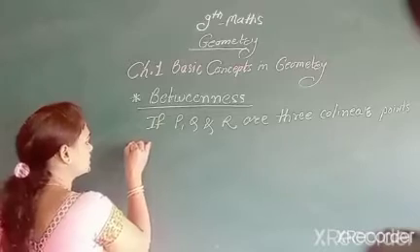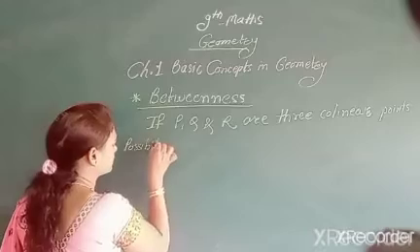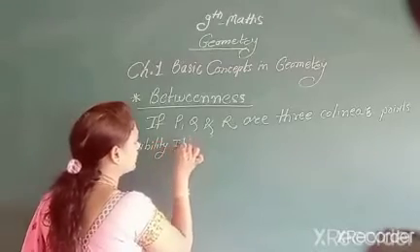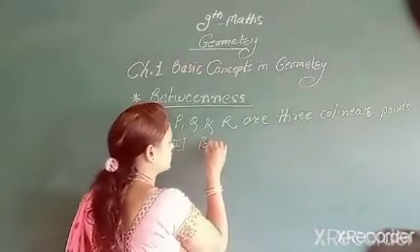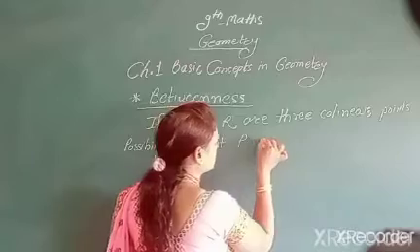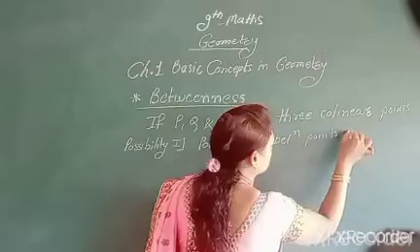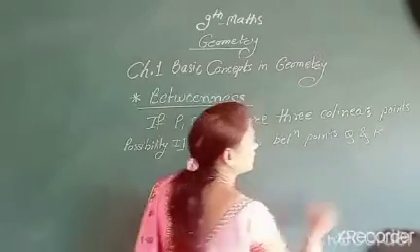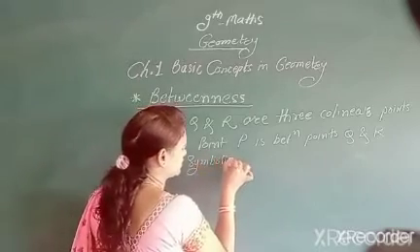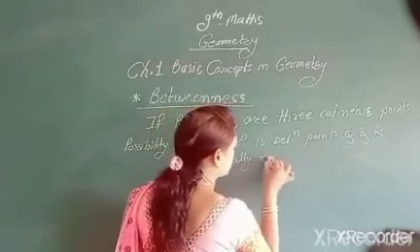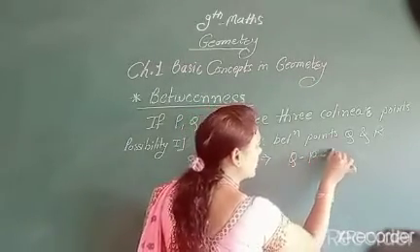The first possibility is the point P is between Q and R. It is symbolically represented as Q-P-R.